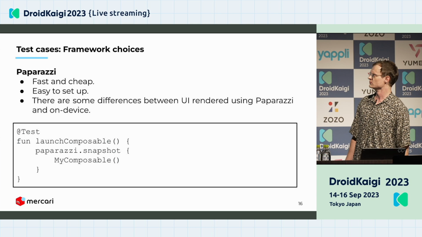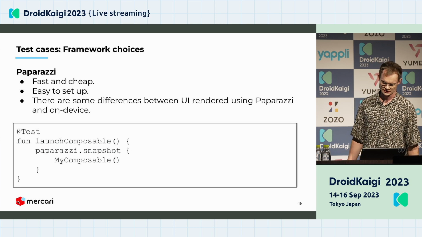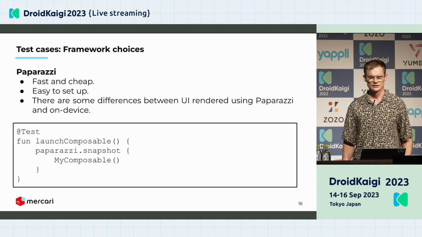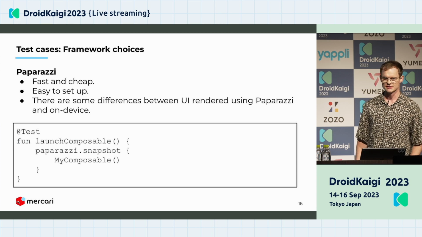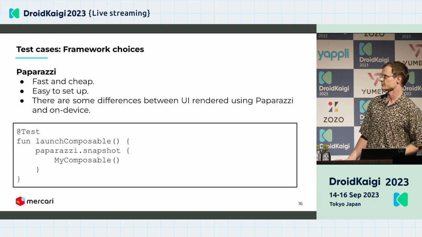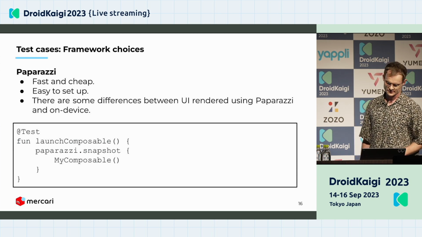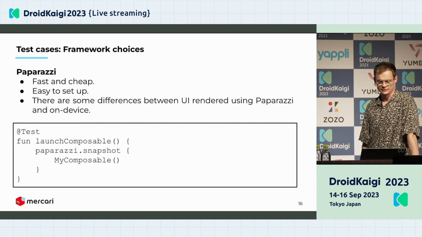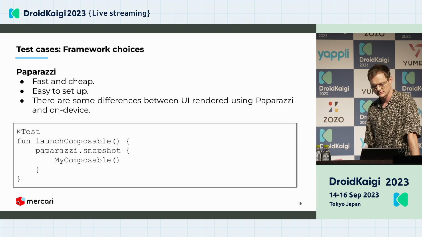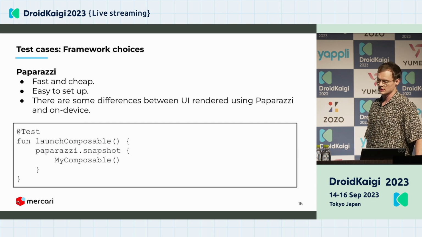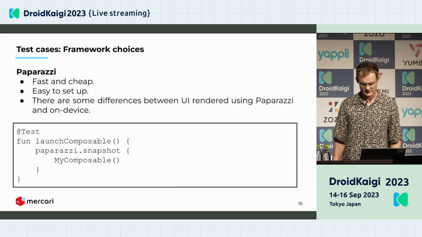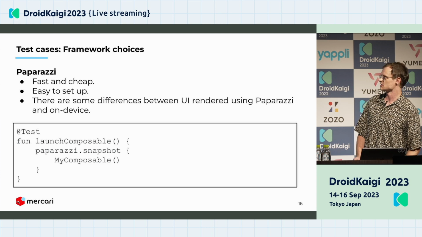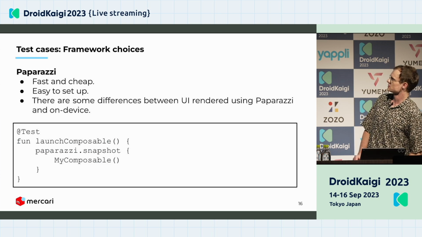Paparazzi is also pretty fast and cheap in the way that you don't need a special CI/CD environment such as Firebase Test Lab to set it up. The caveat, though, is that the rendering environment is different from that of an emulator or device. It relies on a library that's used to show UI previews in Android Studio. And unfortunately we found that there are some parts of our UI code that just don't render correctly using this.